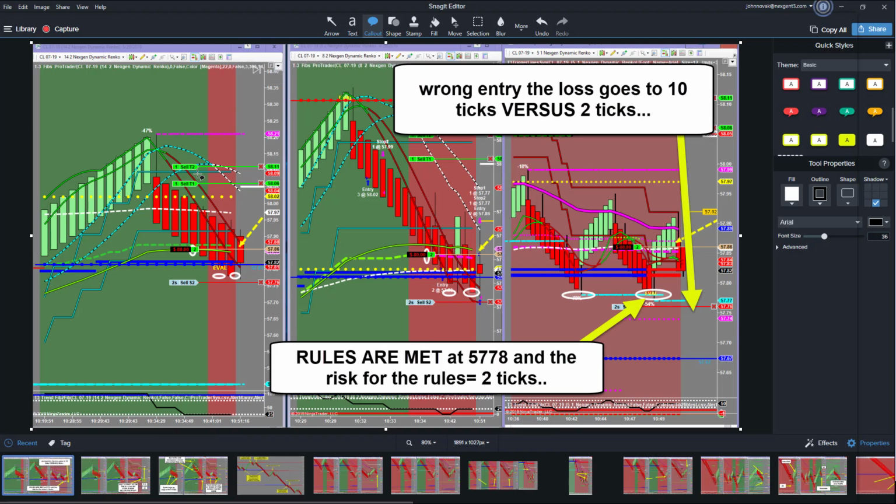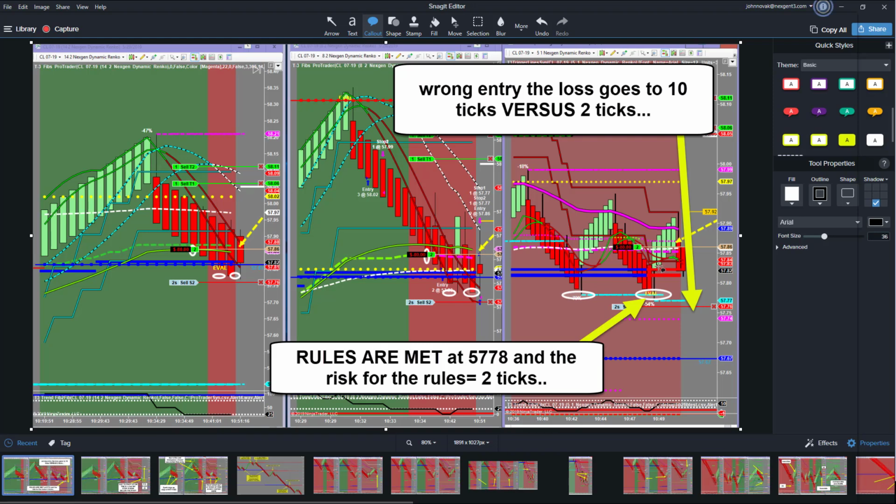I appreciate it very much. I know nobody wants to be wrong. I'm doing it a little bit wrong here, and I want you to see it. The rules say buy this cyan line after the prior divergence. Do you guys understand that?